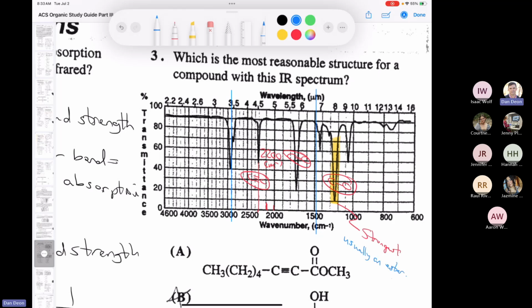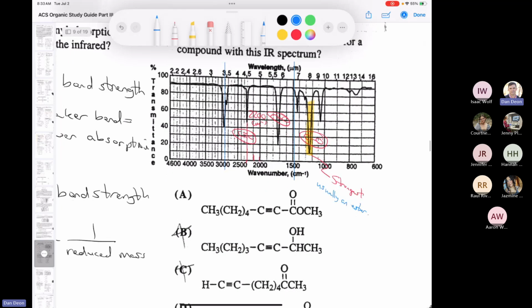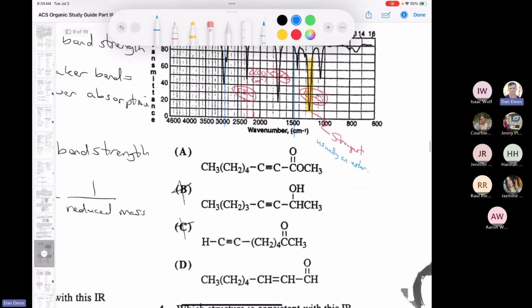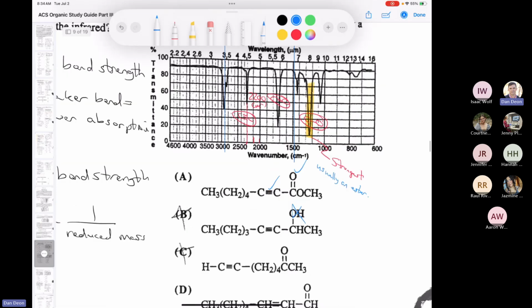Obviously there's some kind of carbon oxygen stretch. So if we look at A, it's got a triple bond, it's got an ester. If we look at B, we can see it's definitely not an alcohol. If you look at C, it's got a carbonyl, but it has no CO stretch.